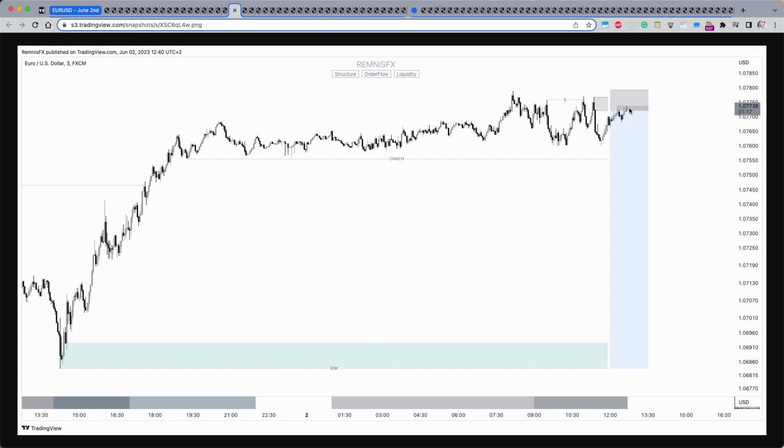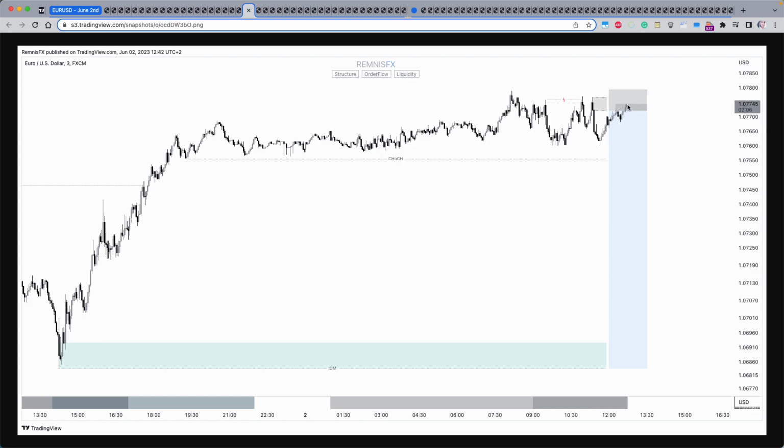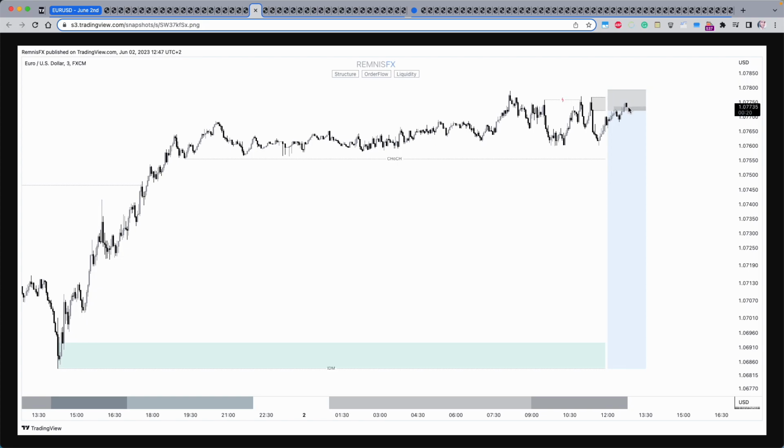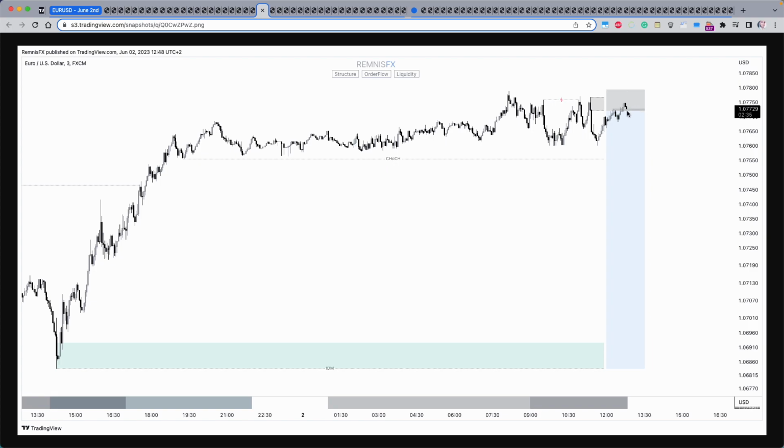So I thought, let's have a look what the price will do. Okay, it was reacting. At this point, it again was pushing higher. And at this point, I thought, okay, we are now seeing our first black candle again. And it was at this point, I thought, well, perhaps it came back to mitigate this wick instead of the whole candle, right?